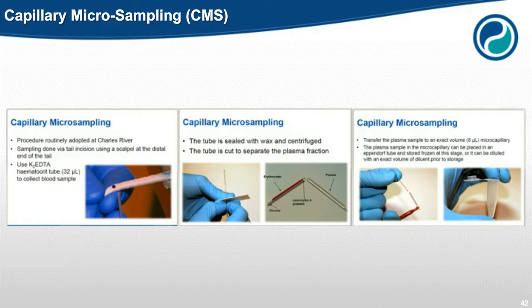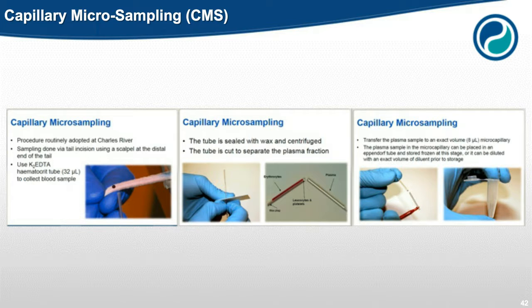Punch a drop of blood from the tail vein and use a capillary, usually a 32 microliter capillary, to collect the blood. And we can seal the capillary using scientific wax at both ends, and then use a specifically designed rotor to centrifuge the capillary, as you can see in the second picture, to separate the plasma from red blood cells.